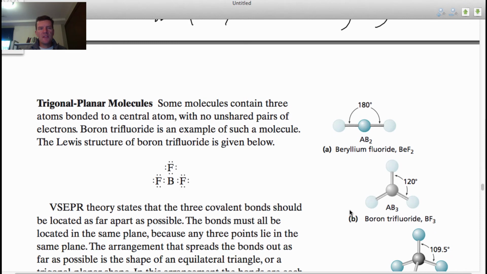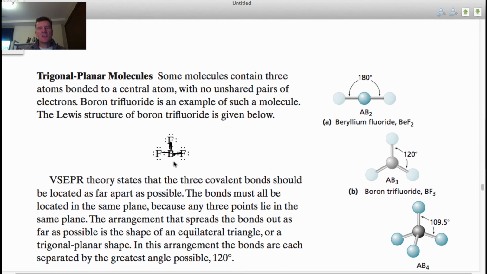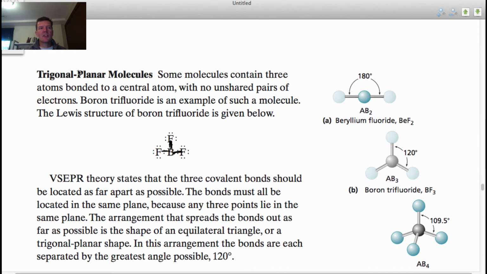If you have 3 of them, in this case boron and 3 fluorine atoms, you've got 3 bonds. 1, 2, 3. Then the shape that you're going to have is called trigonal planar. Planar means it's flat, but there's 3 atoms around the central atom.